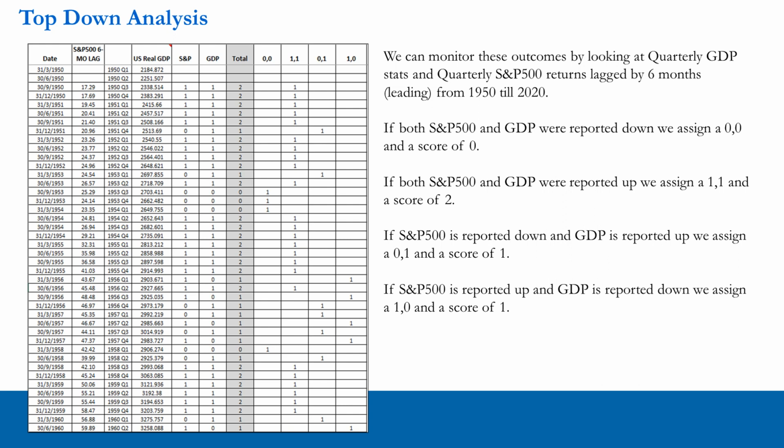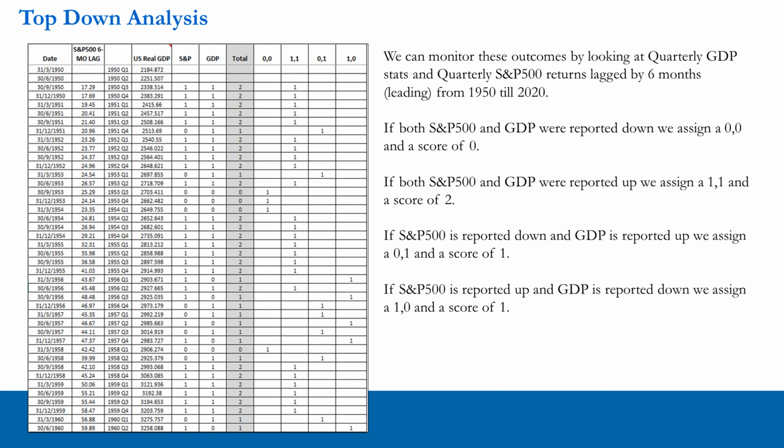If you scan the data on the left-hand side, and then we just randomly pick a particular quarter. So let's pick Q1 1956, okay? So just about halfway down the page, Q1 1956. We can see the S&P 500 level is 43.67, and the GDP reported number for Q1 1956 is $2.9 trillion.